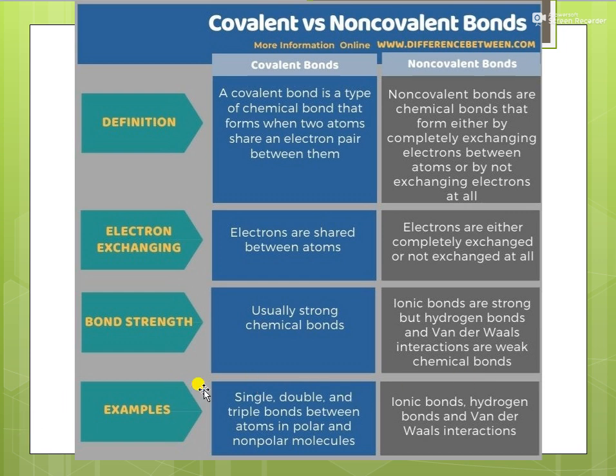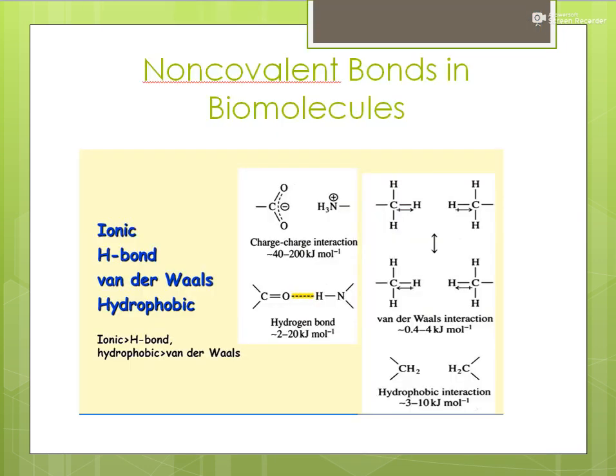Coming to the biomolecules, the different types of non-covalent bonds mainly include ionic bonds, hydrogen bonds, van der Waals forces, and hydrophobic interactions. And do remember, covalent bonds require a larger amount of energy than non-covalent bonds to be broken down.